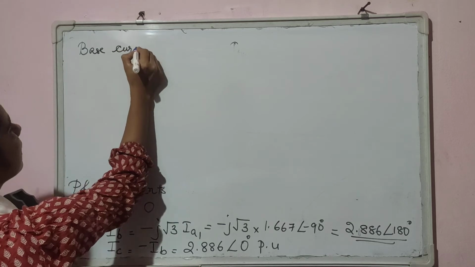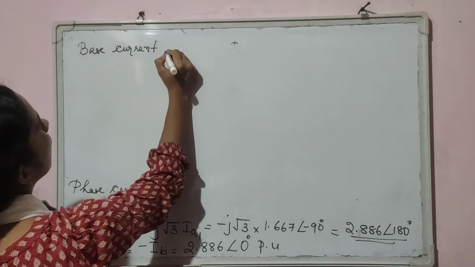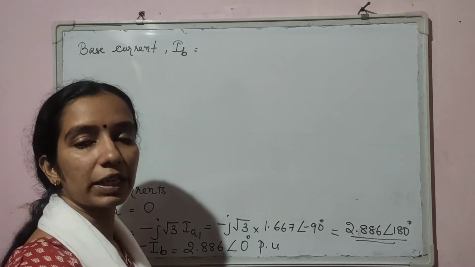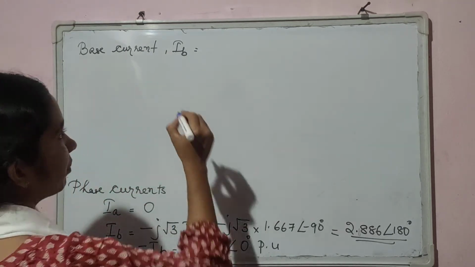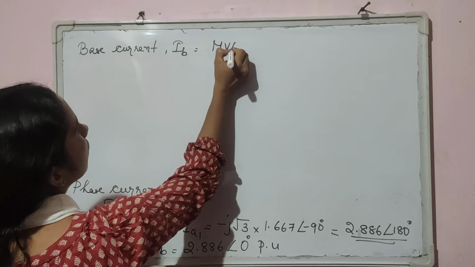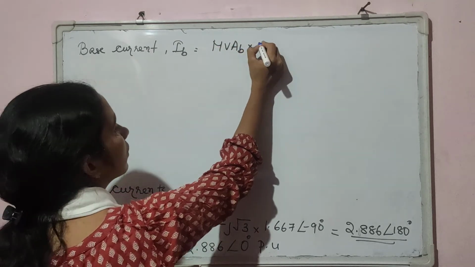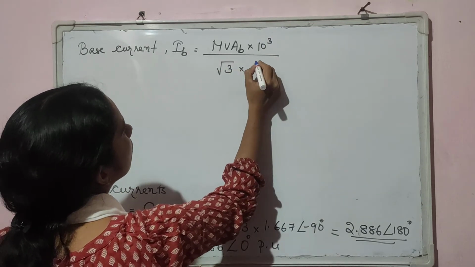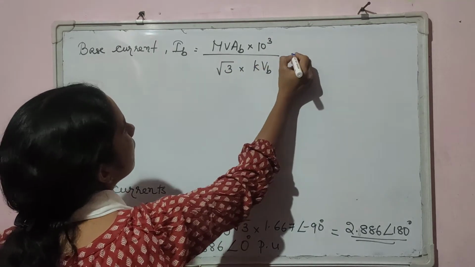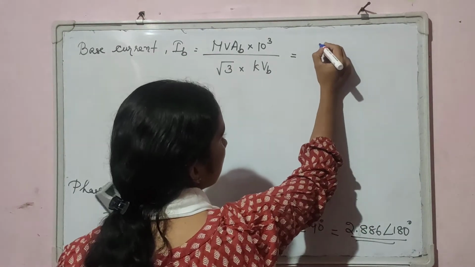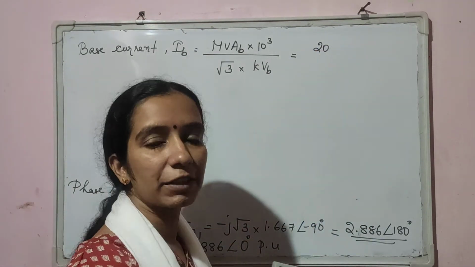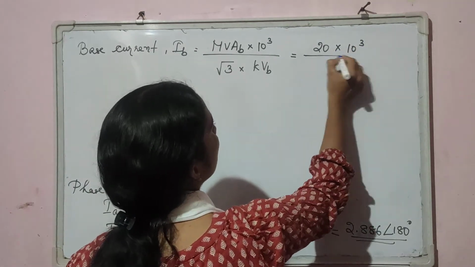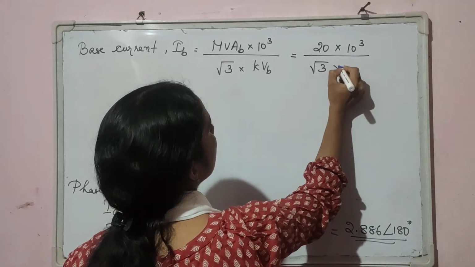The base current IB is equal to MVA base into 10 raised to 3 divided by root 3 into KV base, which is equal to, the alternator was having an MVA rating 20 into 10 raised to 3 divided by root 3 into 13.8.